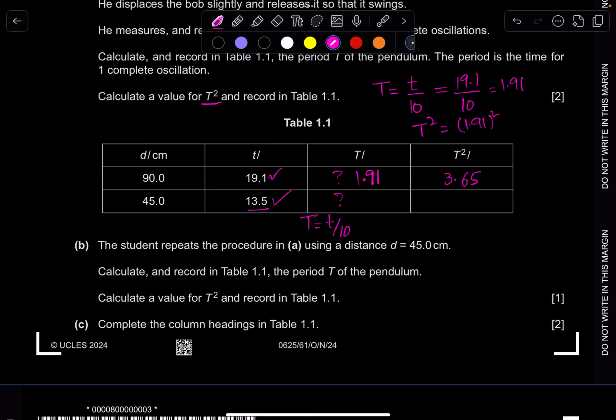Now the time is 13.5 divided by 10, so that will give you 1.35. So you will write 1.35 here, right? And then you have to find T square. For T square it will be 1.35 whole square, that will give you 1.8225, so you can write 1.82.